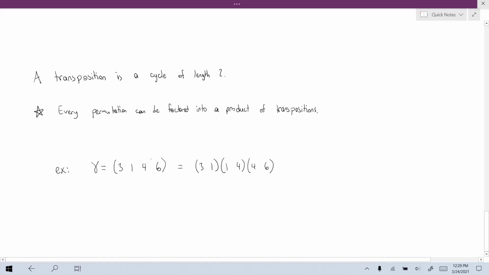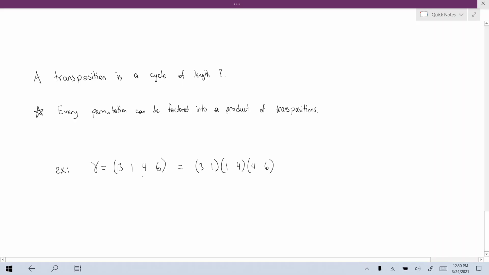So 4 will ultimately map to 6. Finally, 6 should map to 3. So over here 6 would map to 4, that 4 would map to a 1, and then that 1 does ultimately map back to 3. Okay? So that's how you can confirm that both sides are in fact equal to each other.